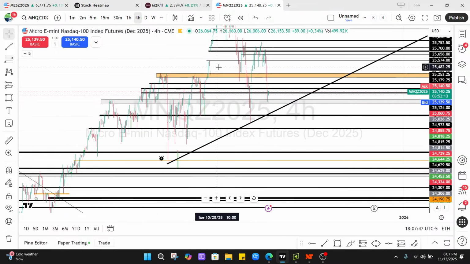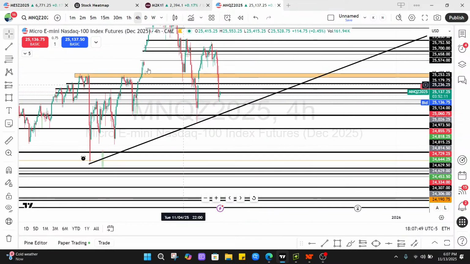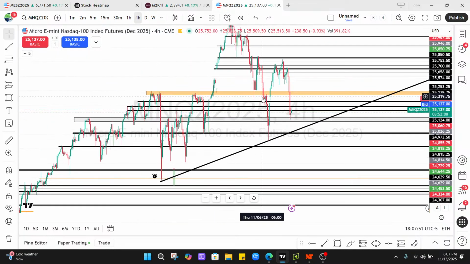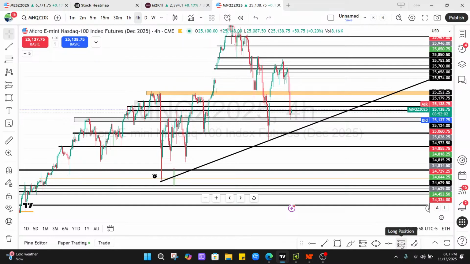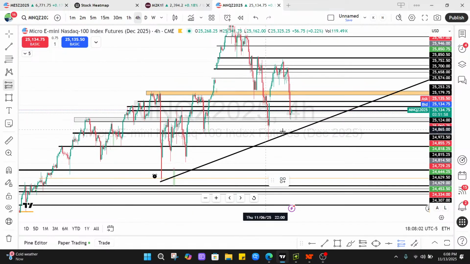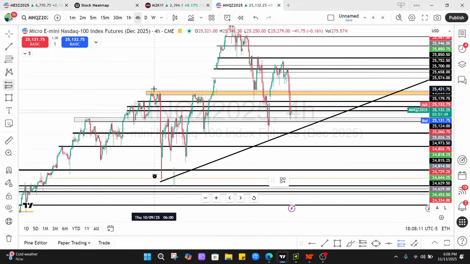All right, so now this is the 4-hour. I just did my quick analysis from there. Number 1, if we are going to be long in a market like this, then we're only going to be long if it breaks past this golden area right here. So that means we have to get past this high, get past this high, get past this high.